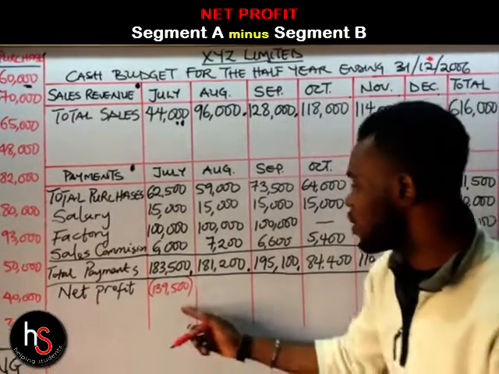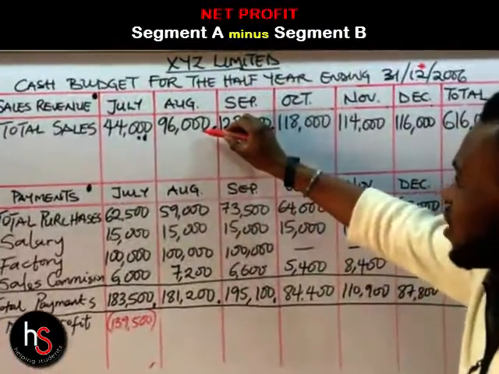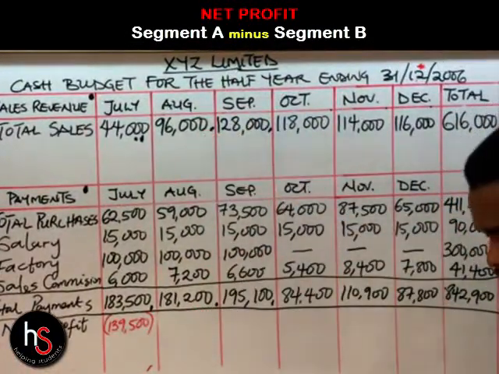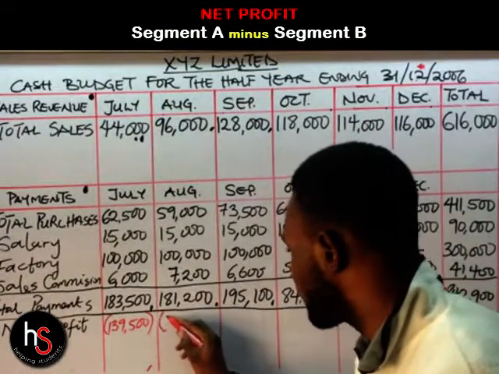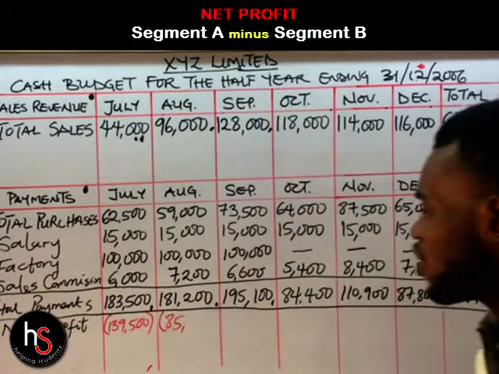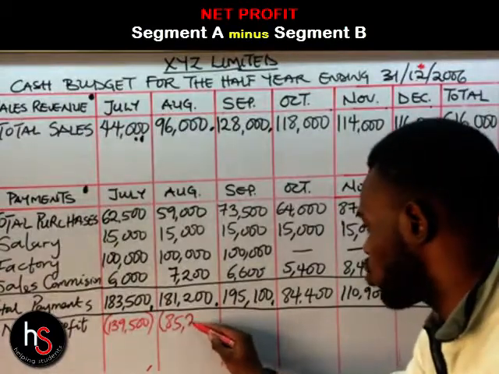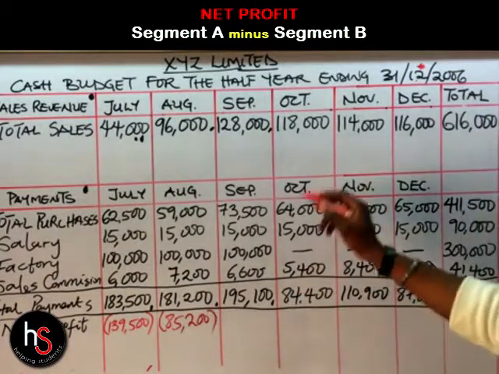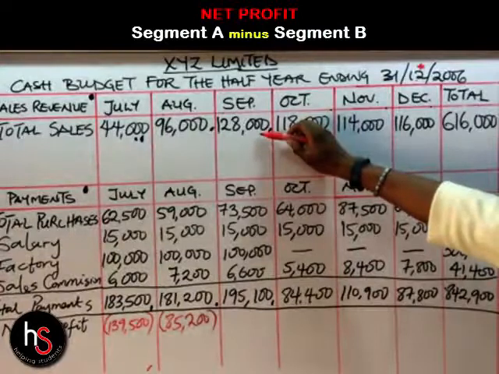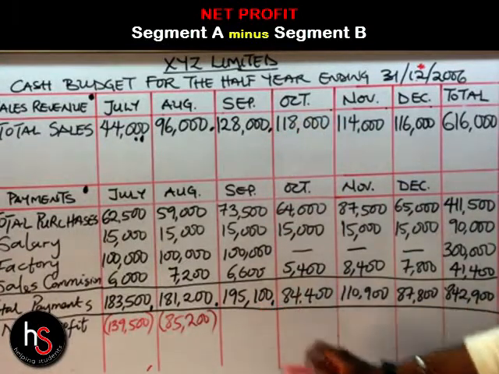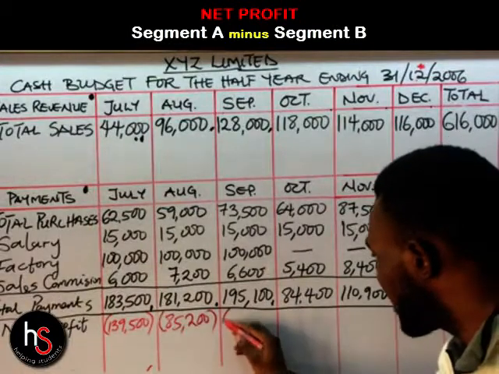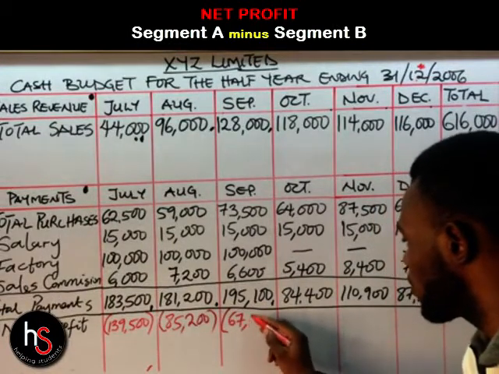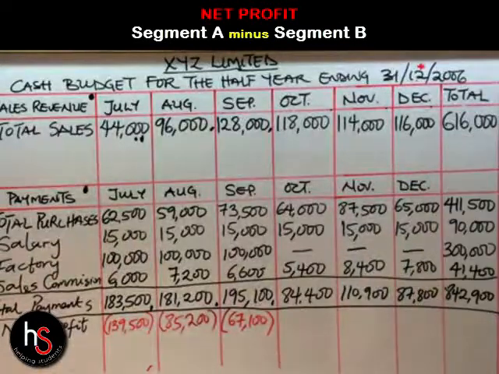Now, the next thing we do is 96,000 minus 181,200, and it gives us minus 85,200. We'll come over to the next one. 128,000 minus 195,100 gives us minus 67,100.